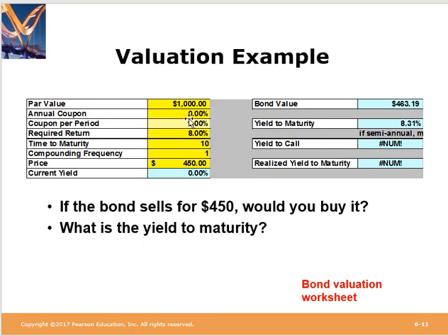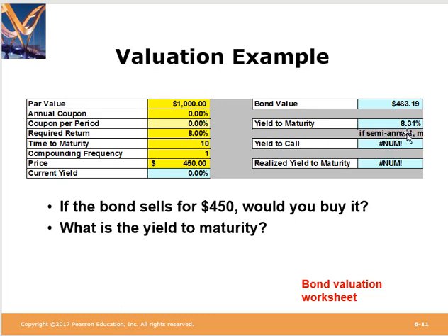In this particular case, we have a zero coupon bond at 8% for 10 years. The current price is $450. As you can see here, what's the current yield? Well, there's no coupon, so there's no current yield. You don't earn anything until this bond matures in 10 years. The yield to maturity on this bond at $450 is 8.3%, and again, we wanted 8%.